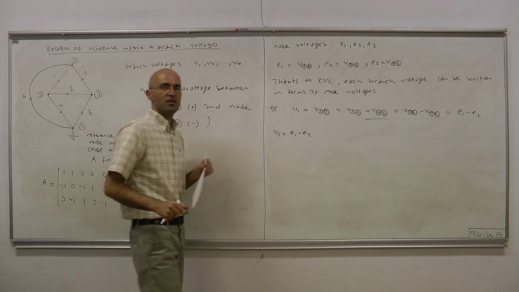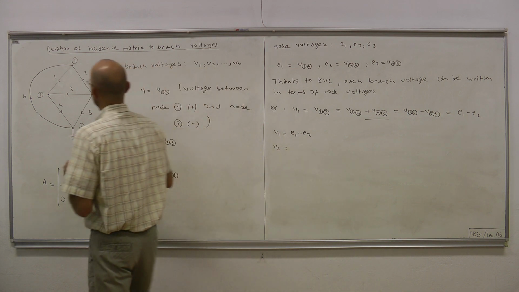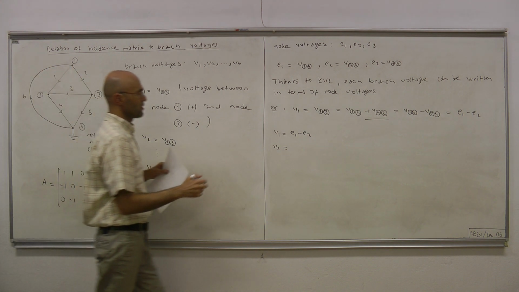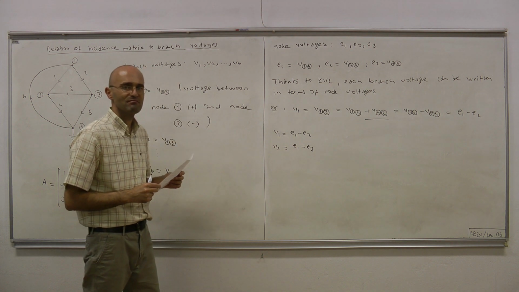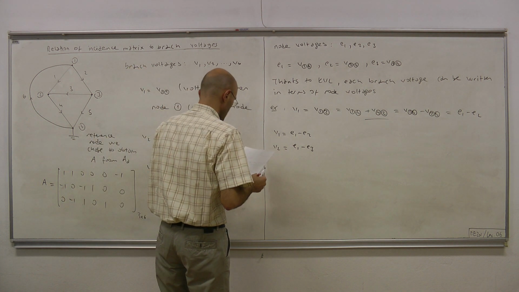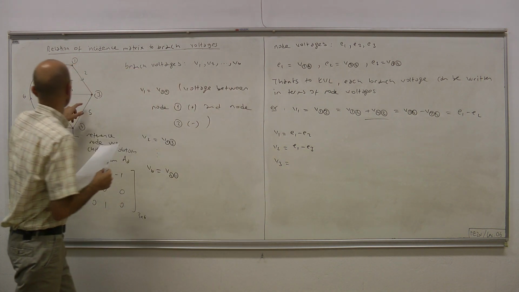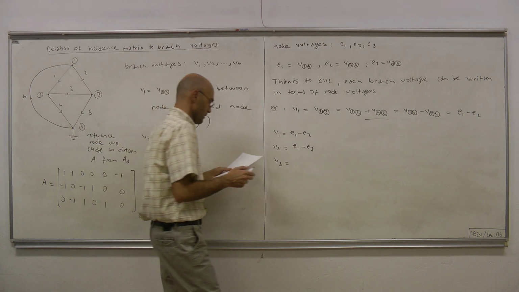How about V2? This is the second branch voltage. It's between the first and third nodes. Therefore, it's E1 minus E3. And V3 is E3 minus E2.